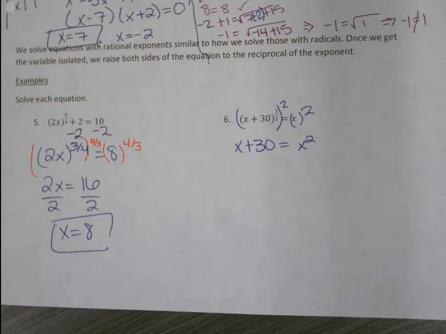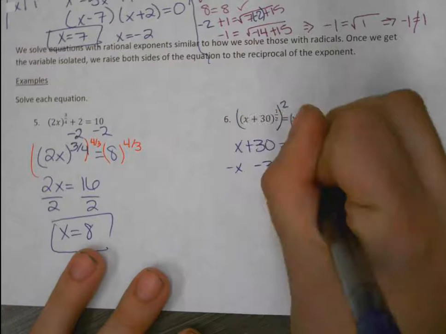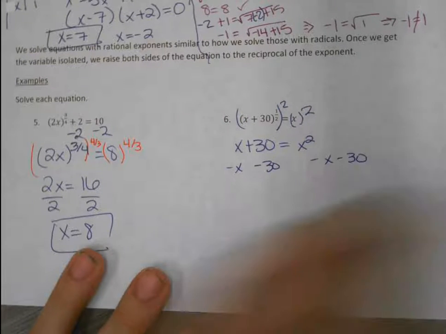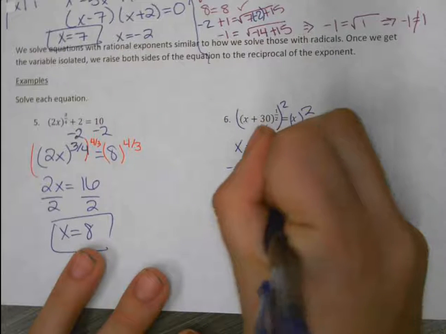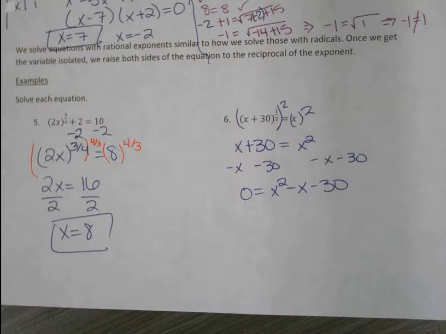So what do you want me to do next? X squared minus x minus 30. Okay. Jerry said to subtract the x and the 30 from both sides. Because the x squared was on the left, so I just moved everything to the left.